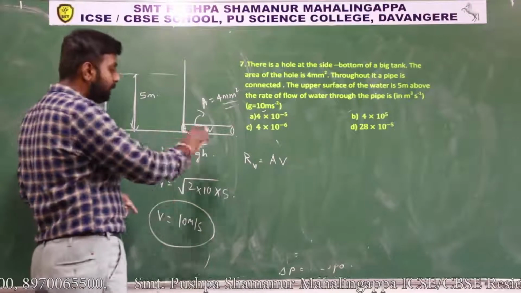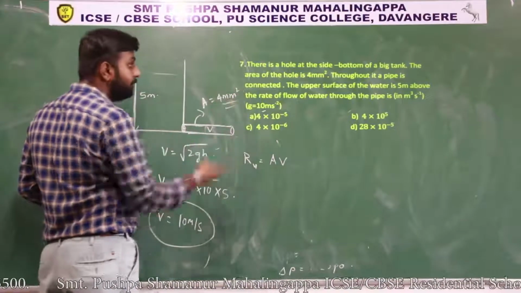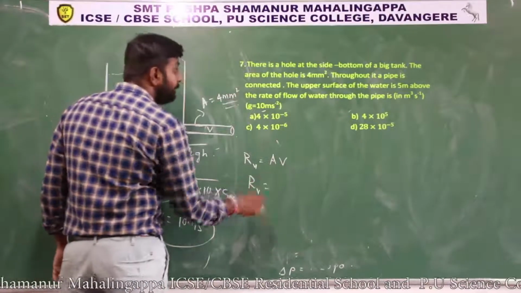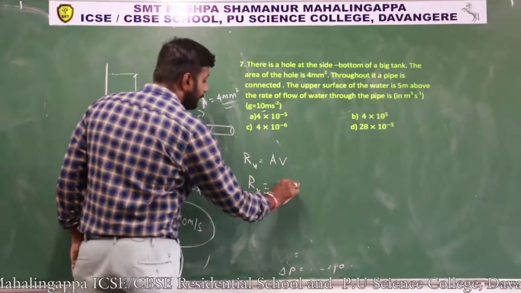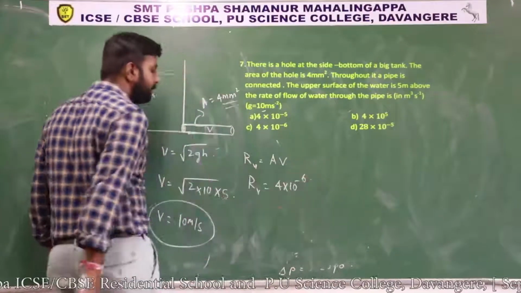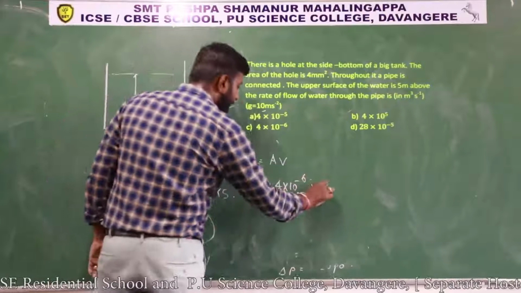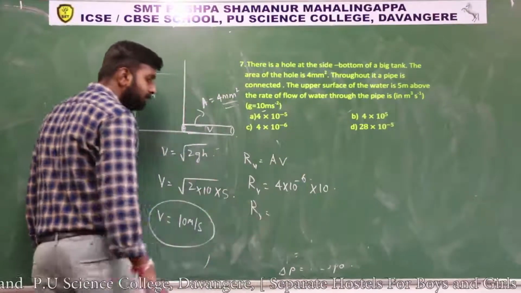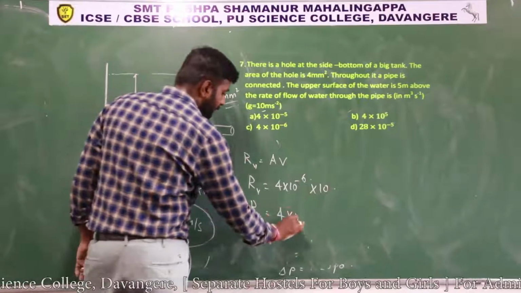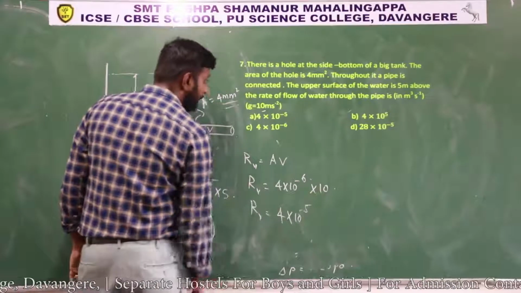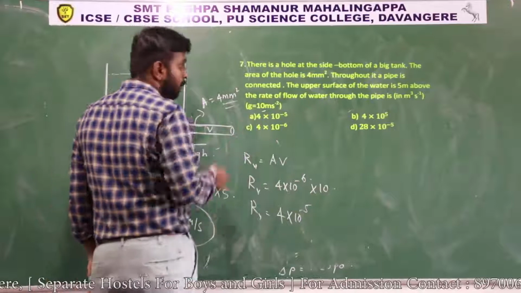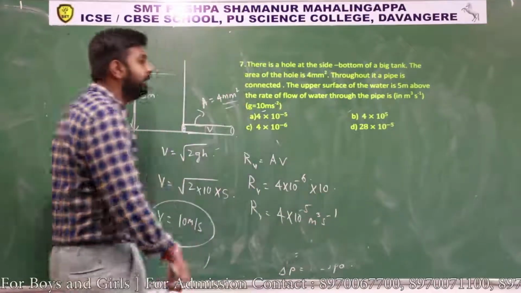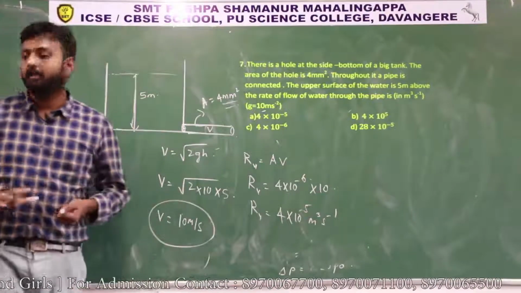And for volume flow rate, the area is 4 millimeter square, right? So 4 into 10 to the power minus 6 meter square into 10 meter per second. Then you will get 4 into 10 to the power minus 5 meter cube per second. This is the answer.